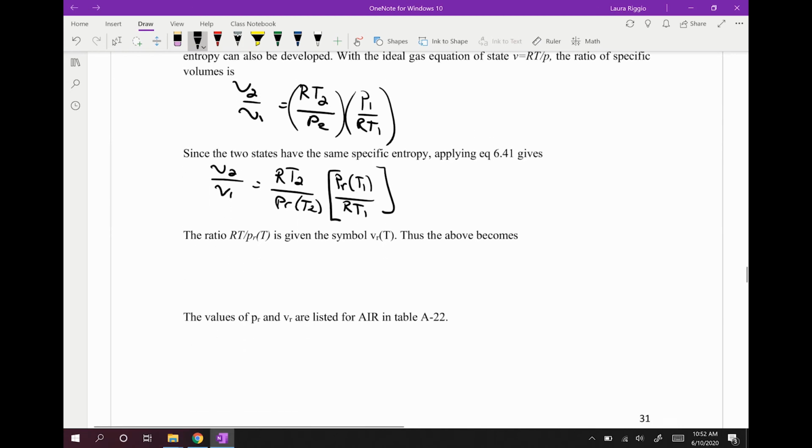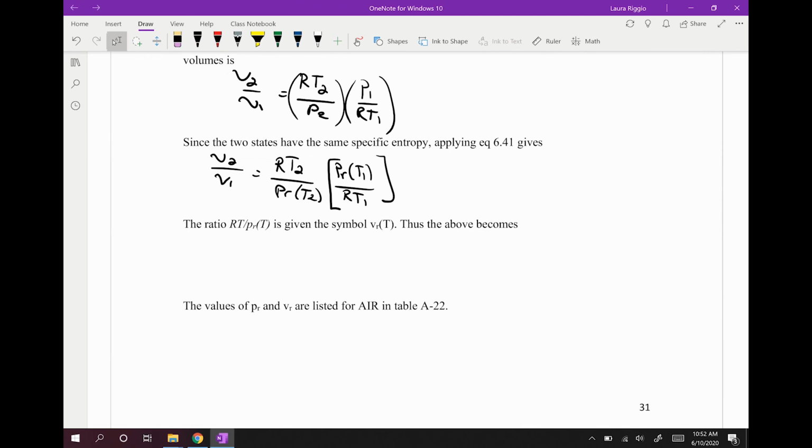We define the ratio of RT over P_r as a variable v_r. So you get v2 over v1 is equal to v_r2 over v_r1. And again, this is only for constant entropy and air only. The v_r values only appear in A22 for air.